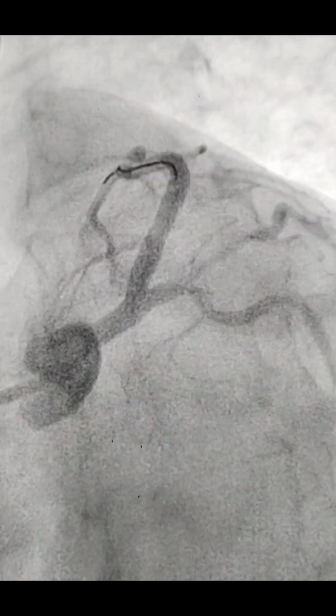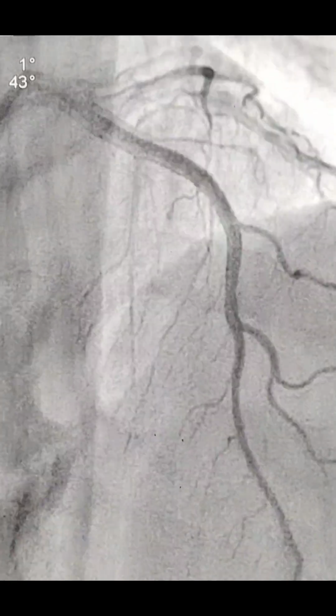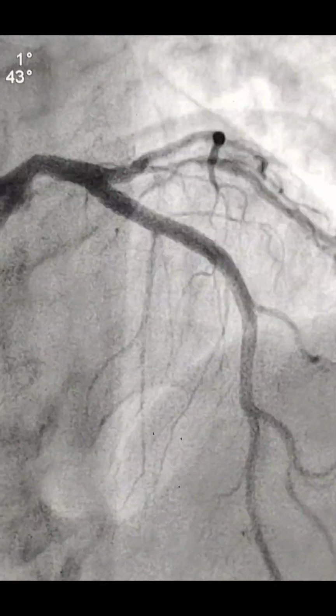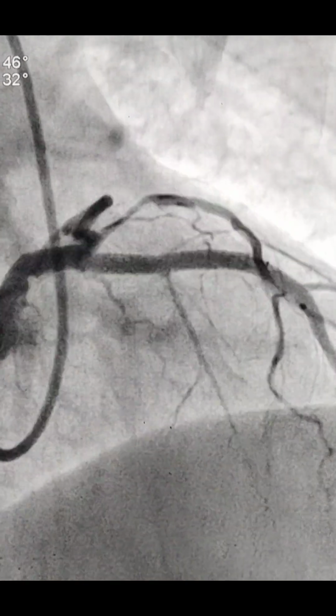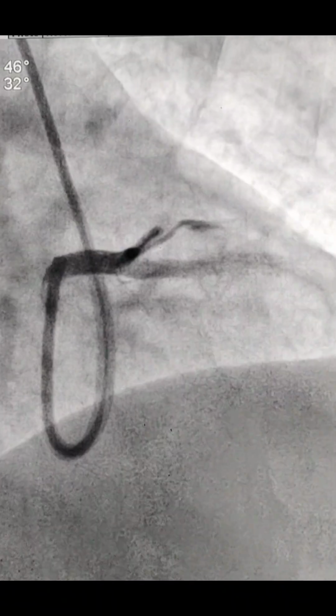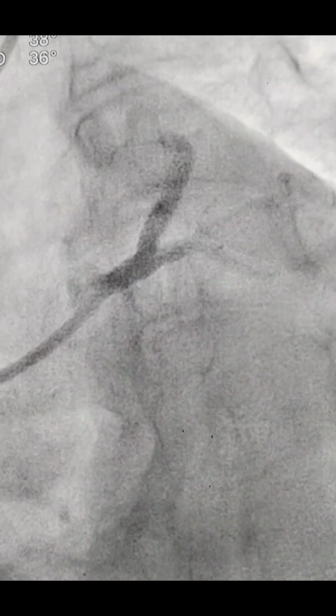We did the NC for this ostium, and this is the cranial shot. You can see after the stent placement in the RAO cranial view, and this is the final cine of the LAO caudal view, and you can see how beautifully the ostium has been covered.